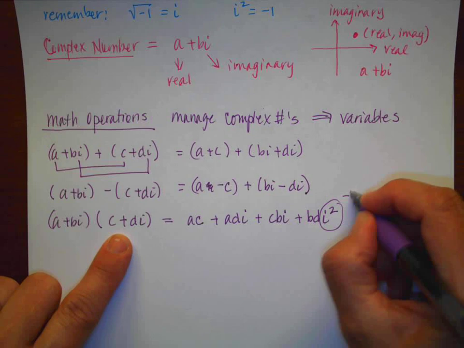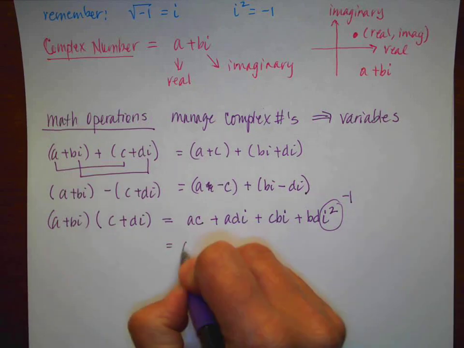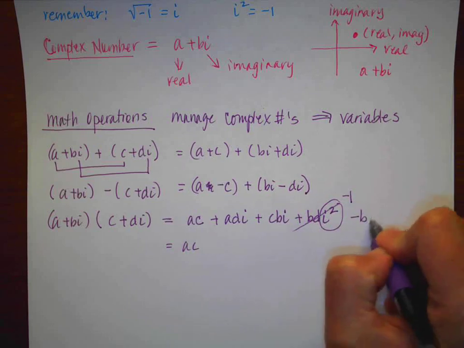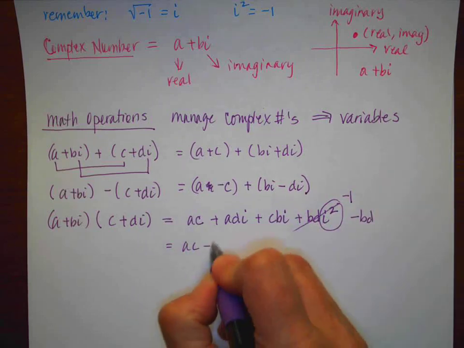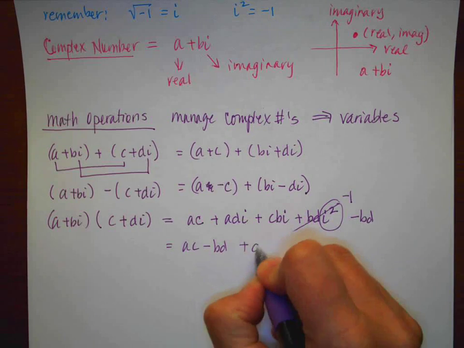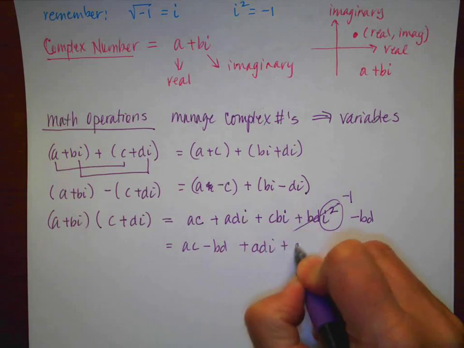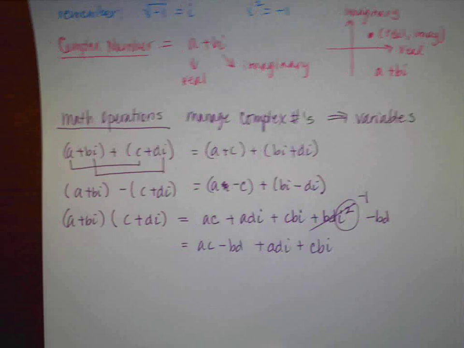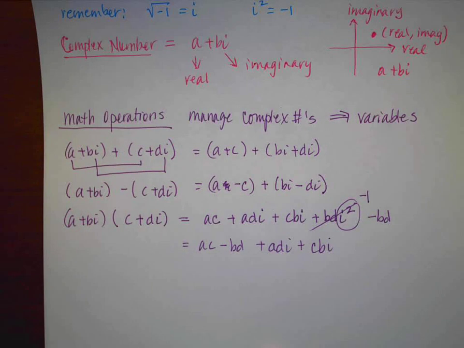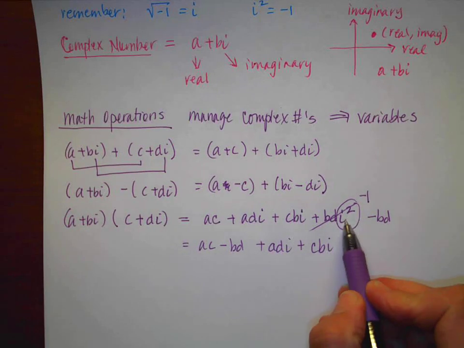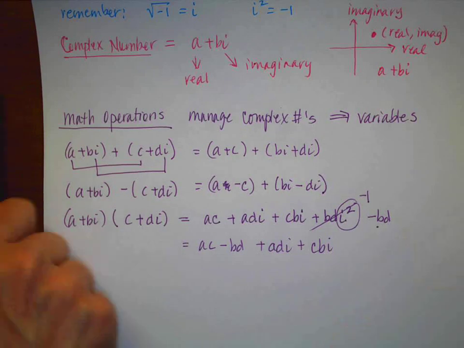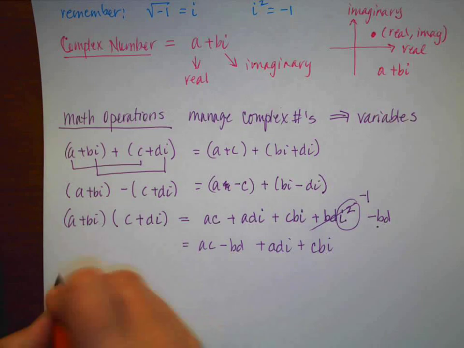But remember that i squared is a -1, so I would write this as ac, and then this changes the term to be minus bd, and then plus adi plus cbi, and then we'd be done. So the only thing that you really have to be careful with when you're doing things with complex numbers is to pay attention to an i squared, because an i squared is a -1 that changes the sign of the term. So let's start by doing some examples.